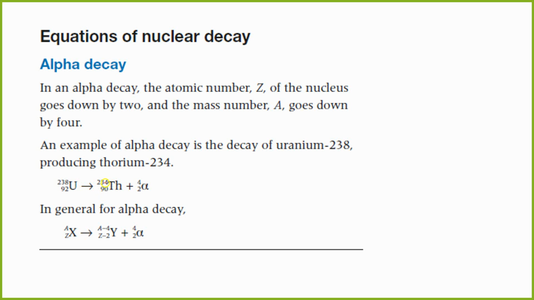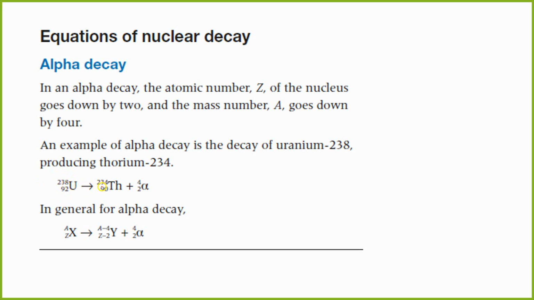The proton number, the number of protons, would be decreasing by two, because you're giving off a helium nuclei, which is positively charged. So you're giving away two of your protons from the parent element, which is uranium in this case.